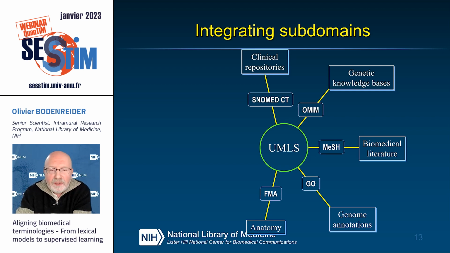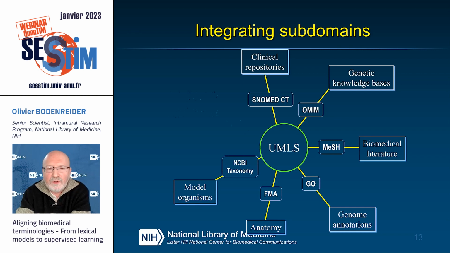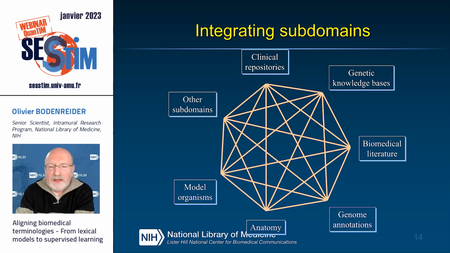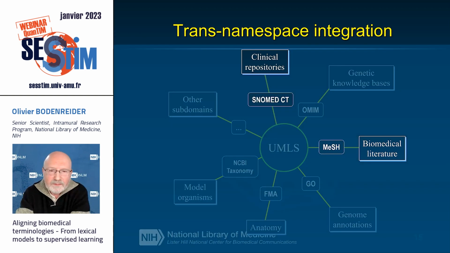The Foundational Model of Anatomy is a reference in the domain of anatomy, and you can take all the subdomains of biomedicine. There's some kind of vocabulary for it, and the UMLS integrates them all. And the alternative to doing it in the way it's done in the UMLS would be that we need to create point-to-point mappings between these sources and more specifically between the concepts in these sources, which would be a daunting task.